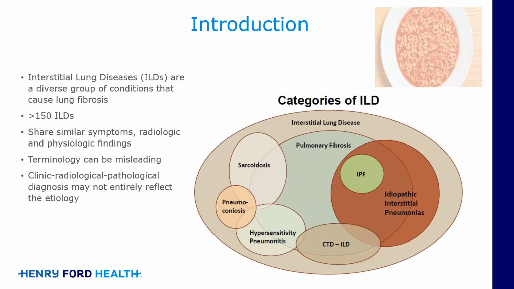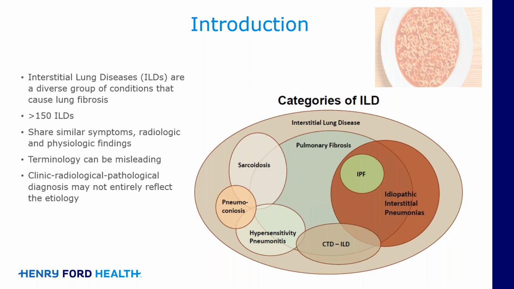It has been described as an alphabet soup, because a lot of our interstitial lung diseases share similar symptoms, radiology, and physiological findings. And the clinical, radiological, and histopathological terminology can be very different from the actual etiology.